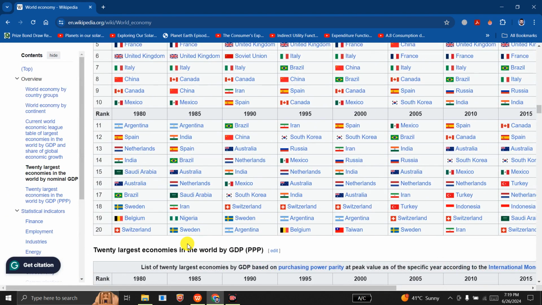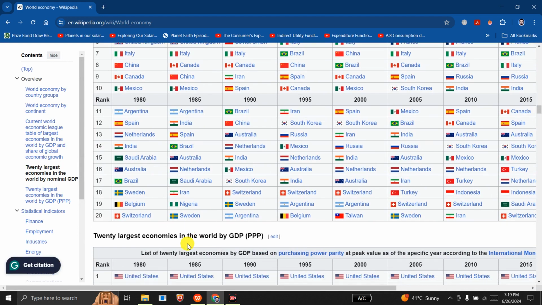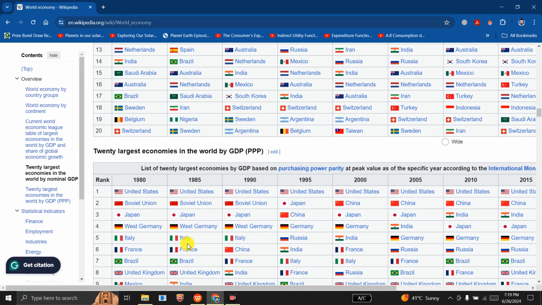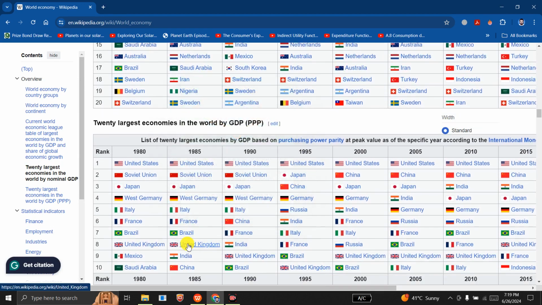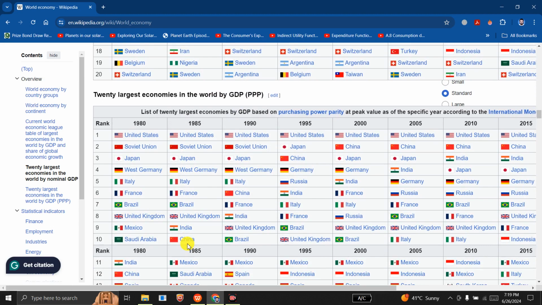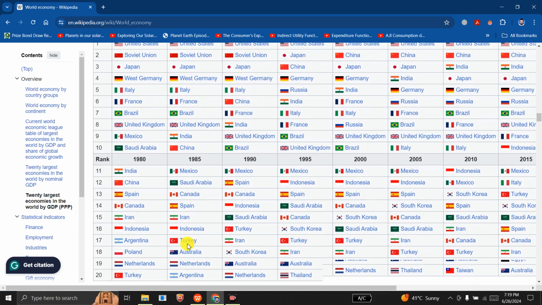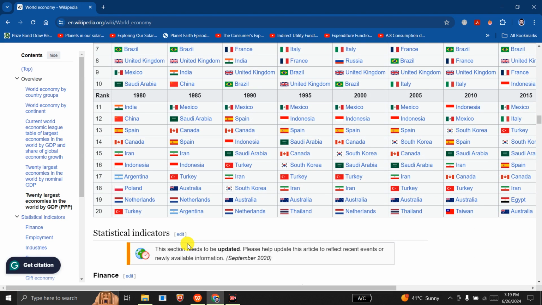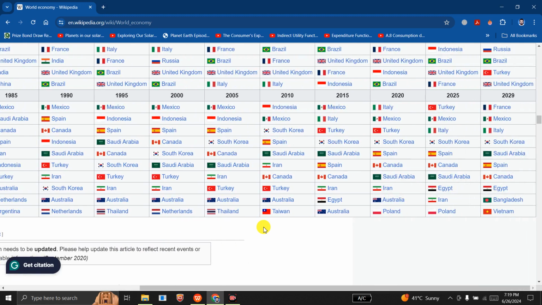So these are the 20 largest economies in various years. These are largest economies in the world by GDP purchasing power parity, again USA is on top throughout, and finally in this list is Turkey for 1980. Let me see, it will be Vietnam in 2029, the last one.